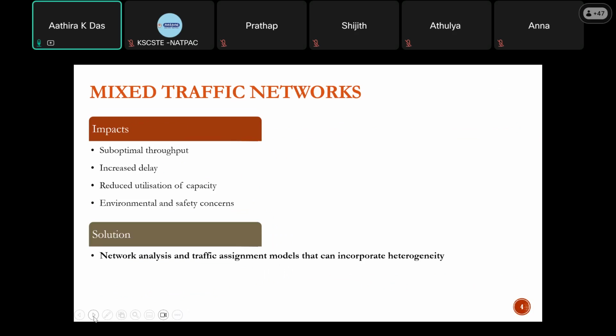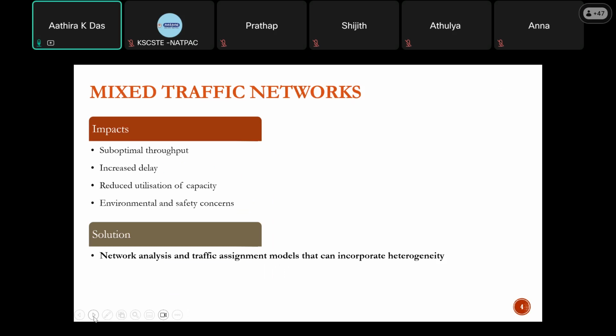In this regard, a solution could be traffic assignment models and network analysis methods that can incorporate heterogeneity to determine the flow in a mixed traffic network, considering the flow and characteristics of different vehicle classes.